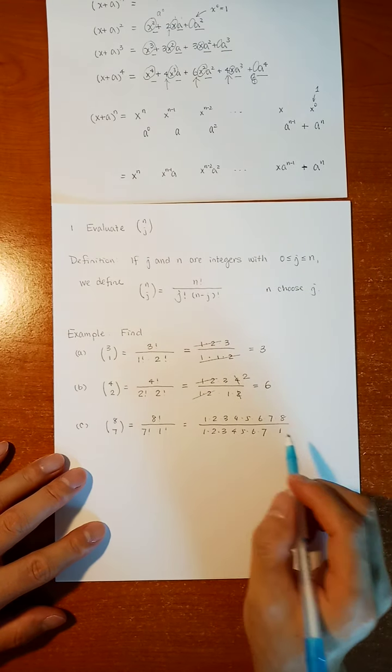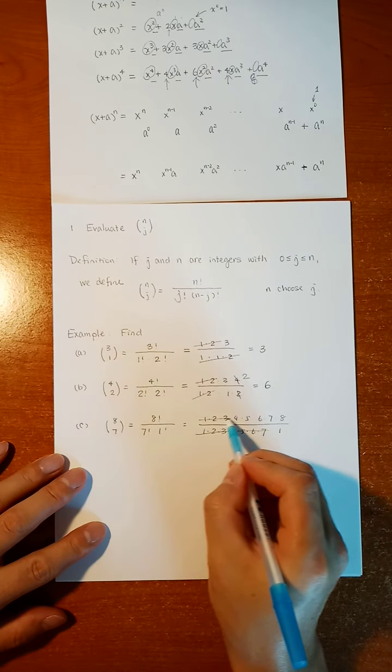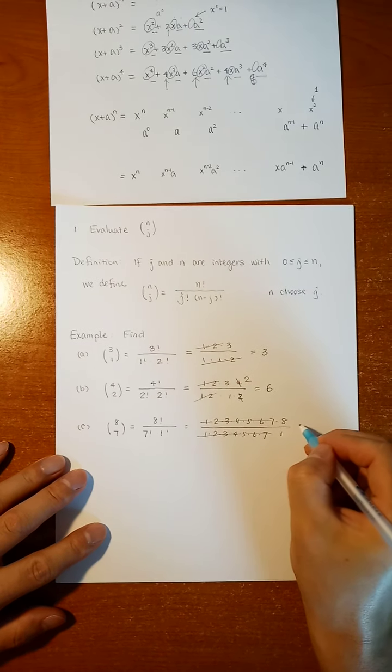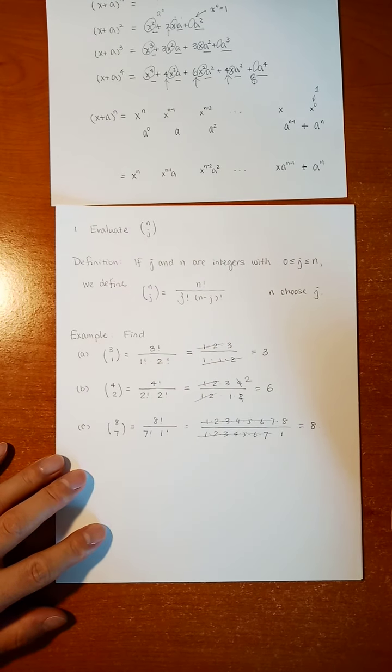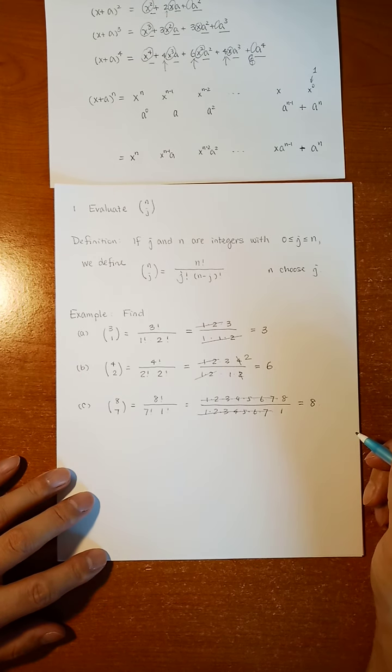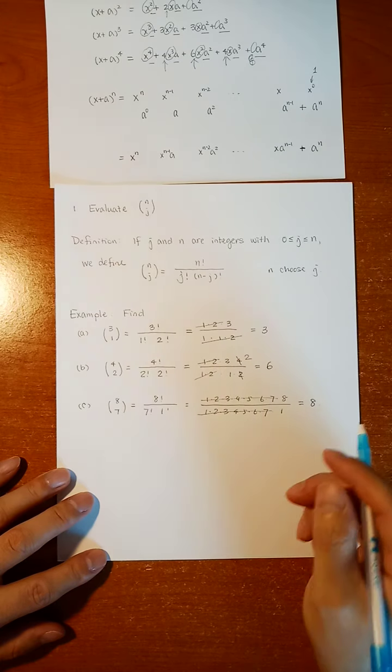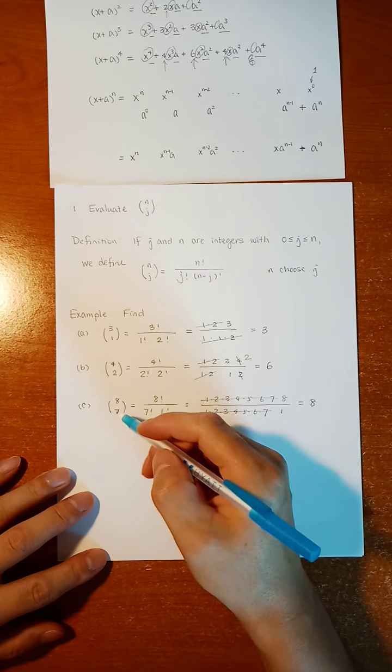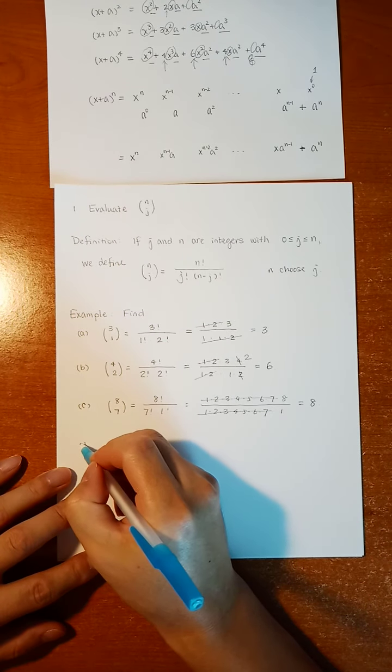See, it's very complex, but actually you can cancel most of the terms. You only have 8 over 1, which is 8. Right? So it's not that serious. And of course, all those numbers are not big.